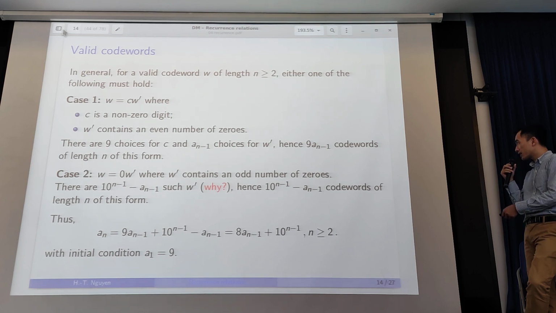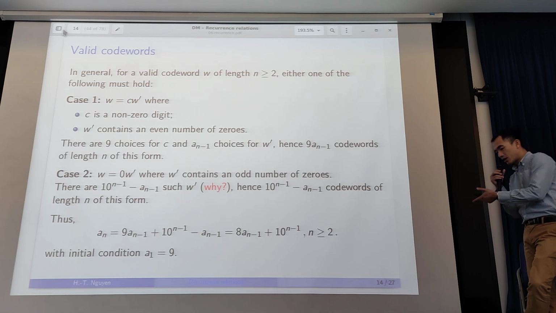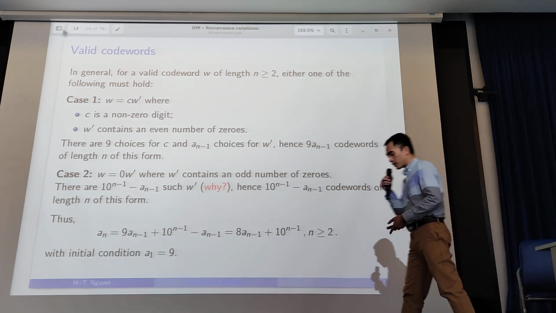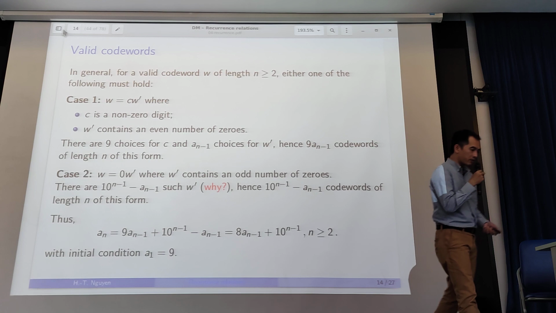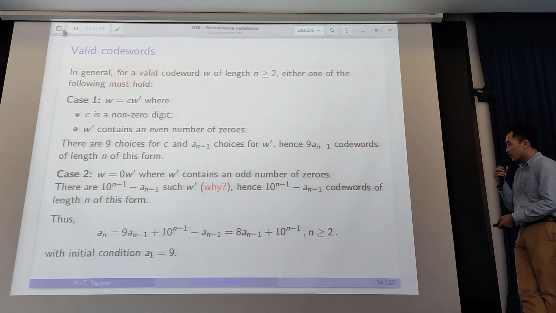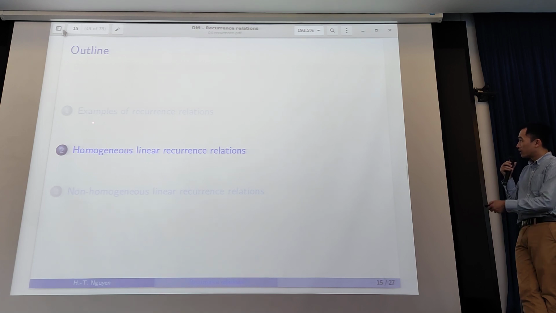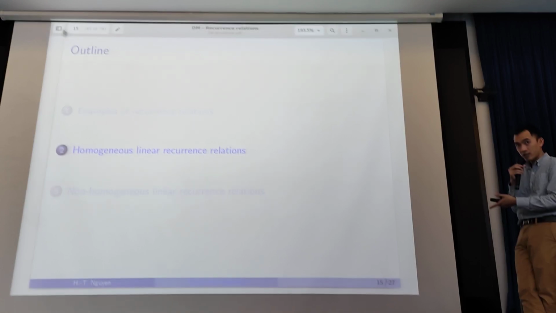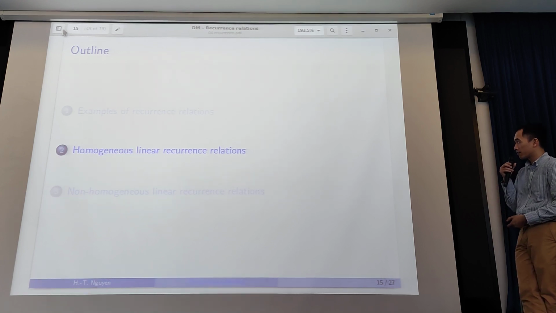But the difference is that for the Fibonacci sequence, only the terms of the sequence are involved. So the linear relation in the Fibonacci sequence is called a homogeneous linear recurrence relation. Homogeneous, đồng nhất, okay? That means that there are only terms of the sequence. There are no constant, no other term.